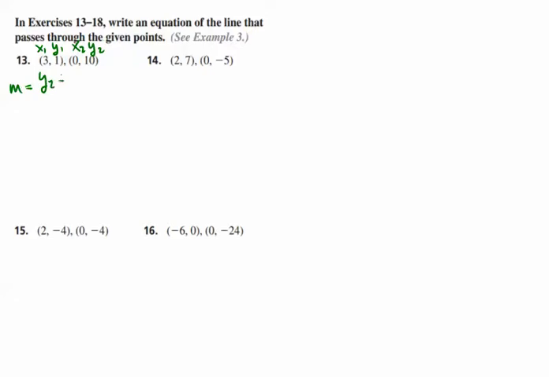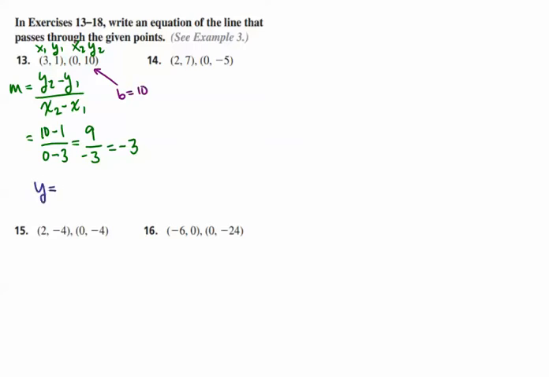M is equal to y2 minus y1 over x2 minus x1, and y2 is 10 minus y1 is 1 over x2 is 0 minus x1 is 3, so we end up with 9 over negative 3, or a slope of negative 3. The y-intercept is the y value when x is 0, so b is equal to 10. We put the pieces together, we get y is equal to negative 3x plus 10.